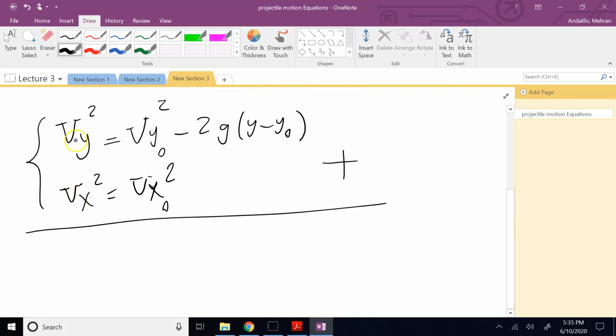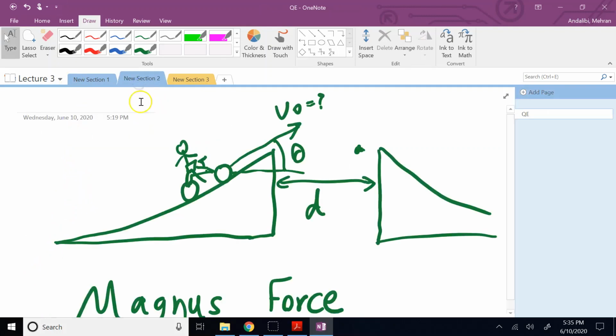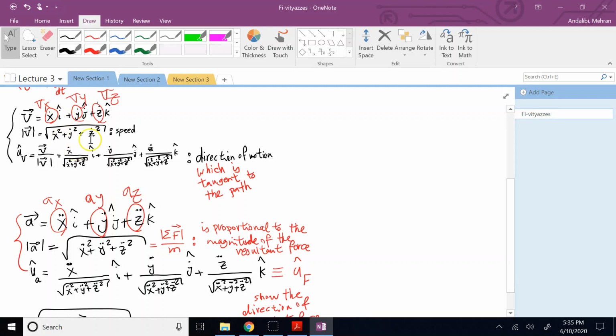This is going to be vx squared plus vy squared on the left side. But what is vx squared plus vy squared? Yes, based on what we had, the magnitude of velocity, look at this formula. The magnitude of v squared is going to be x dot squared plus what? Y dot squared, but x dot is called vx and y dot is called vy. So when I square them and take the square of both sides, what do you get?